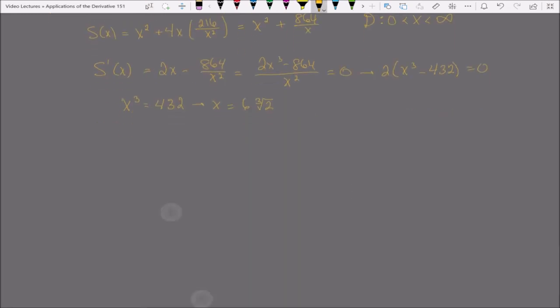Now if we take S double prime, we get 2 plus 1728 all over x cubed.